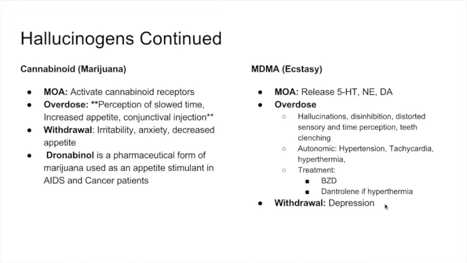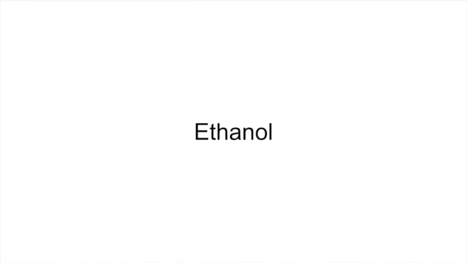Withdrawal for MDMA is that you get depression. A lot of things kind of go together in the drugs of abuse, but if you know the key symptoms, you'll be able to recognize the drug that is abused and be able to treat it. So that concludes our section on the drugs of abuse, and next we're going to be talking about ethanol.